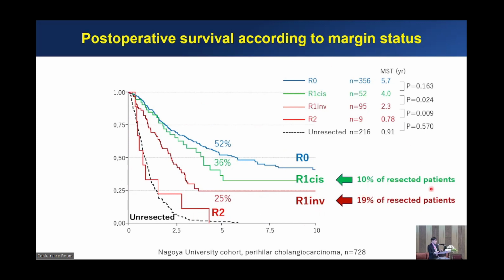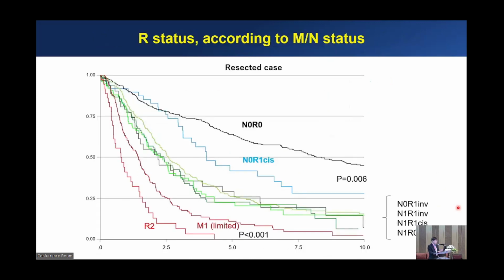This group accounted only for 10% of the resected patients. And this is the 90% of the resected patients. This is a small part of the patients. And we arrange here in detail our status according to other very strong prognostic factors, metastasis and nodal status.